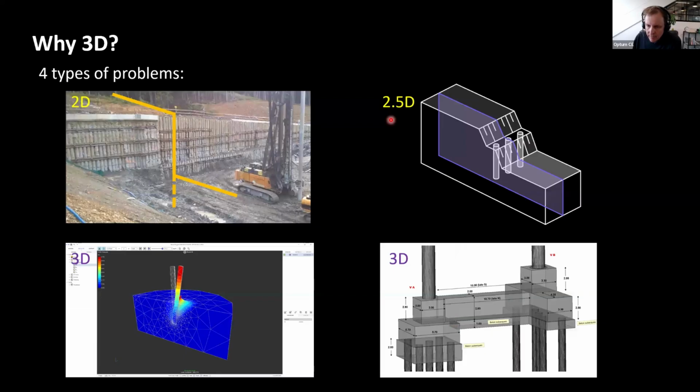And then there is an interesting class of problems that we sometimes call 2.5D problems. So that's problems that are mostly 2D, but have some, in reality, quite annoying feature which renders them actually 3D. So for example, a long slope reinforced with discrete piles. It's mostly 2D, but because of these discrete piles, it does become a 3D problem.